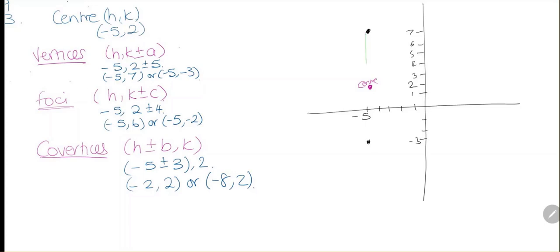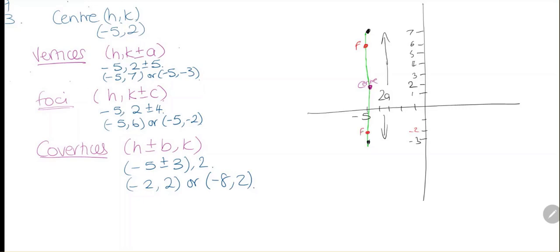So this is going to be our 2a, from here to here. Okay, so the foci is at minus 5, 6. So minus 5, 6, so that's going to be here. And at minus 5, minus 2. This is minus 2, so that's going to be here.